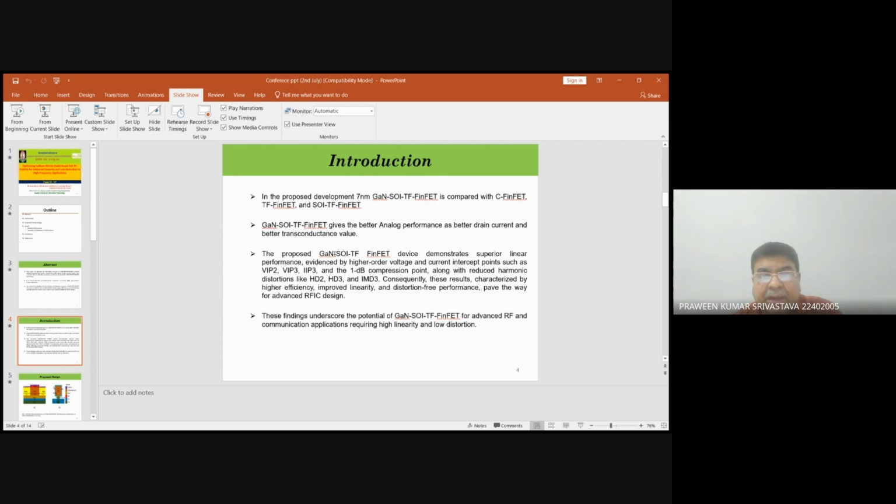This gallium nitride SOI-TF-FinFET, as compared to the other FinFETs, gives better results at RF frequency in comparison to linearity and distortion. Because at high frequency, at the receiver end or at the transmitter end, there may be harmonic distortion, so we have to prove that this device is better as compared to the other devices.